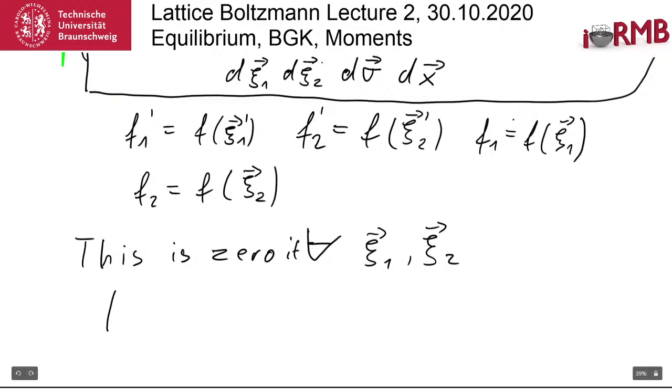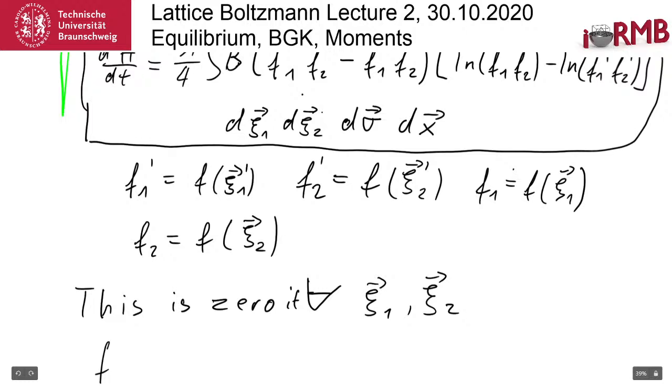Now let me continue here, where I started to write. Okay, this integral up here will be 0, obviously, if this here is 0, right?